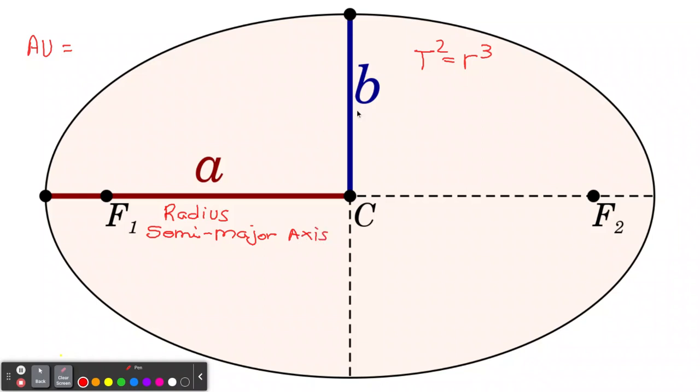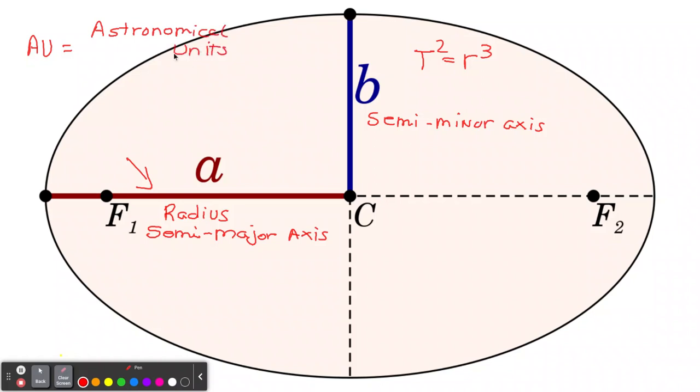as opposed to B over here, the line B, which is, what do you think it's called? The semi-minor axis. But we're going to just concentrate on the radius, the semi-major axis. We also need to know what AU means. It's astronomical units.